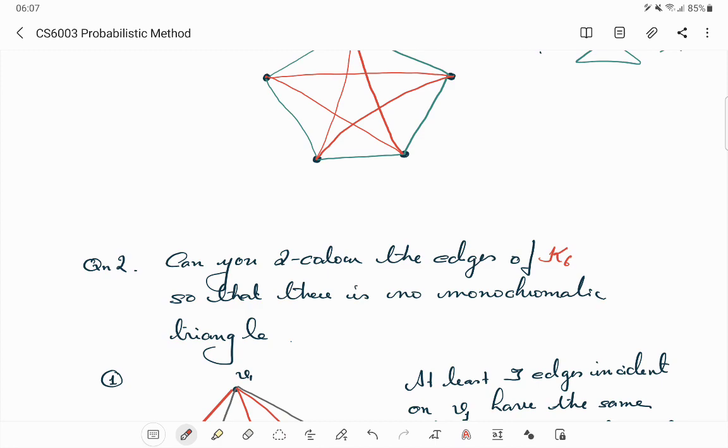Okay, so here if 2 people are friends, let's say you put a green edge between them, and if they are not friends, if they're strangers, by the way, there are only 2 kinds of relations. If you are not a friend, then you are a stranger. So if you are a stranger, then you put a red edge between them.